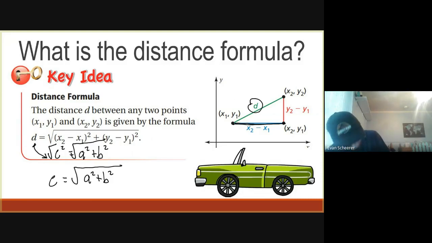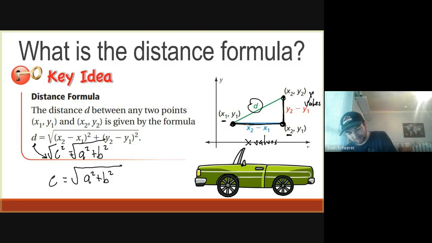And that is the difference between these 2 points, but it's horizontal. So that's x values. So that's going to be the difference between your x2 and x1. So that's why you're subtracting x2 minus x1, right? And then right here, that's going to be your b. That's the y values.